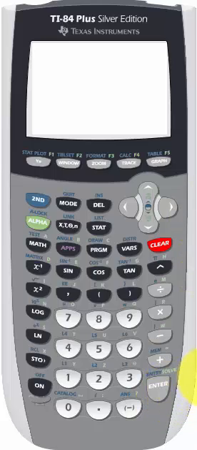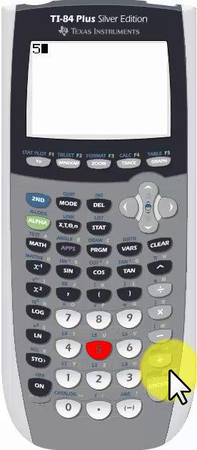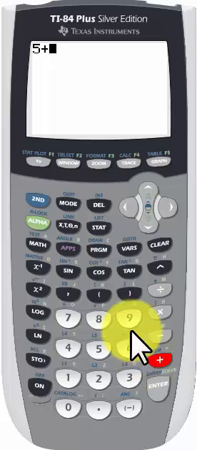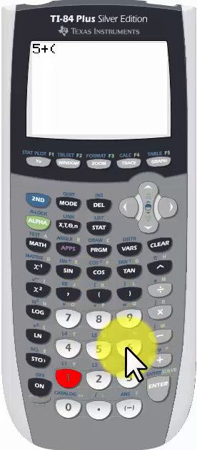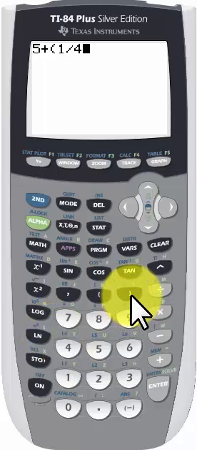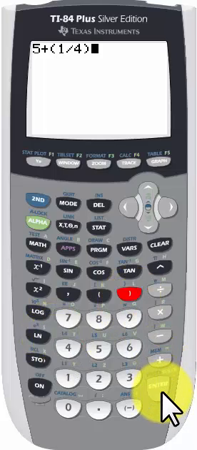So the way you do this is you put the whole number first without the negative if it is a negative. So 5, and then plus, and then in parentheses, remember we talked about fractions in parentheses, your fractional piece. Now, like I said, leave off any negative signs. If your whole number was negative to begin with, then stick the negative back on at the end. So I hit enter, and there is my mixed number as a decimal.